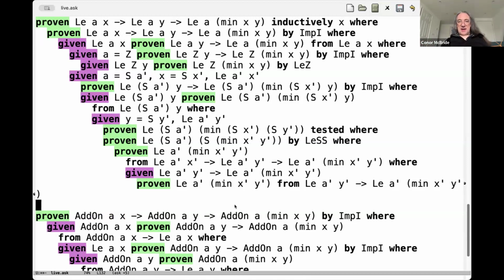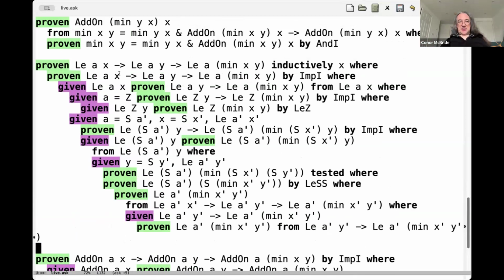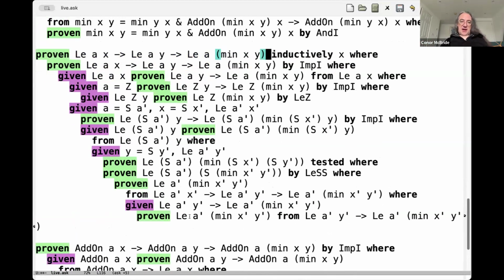It's not that I chose this because it's the only way to do it, but because I thought the way less than gives us zeros and successors would be useful to force this computation to happen.